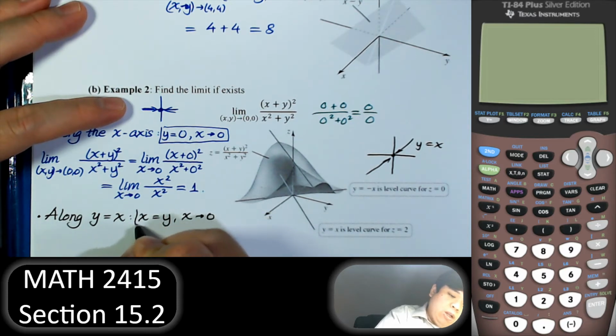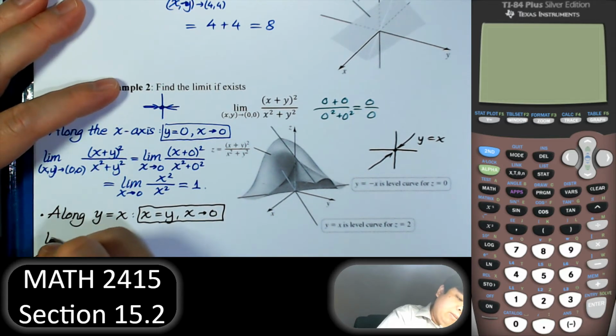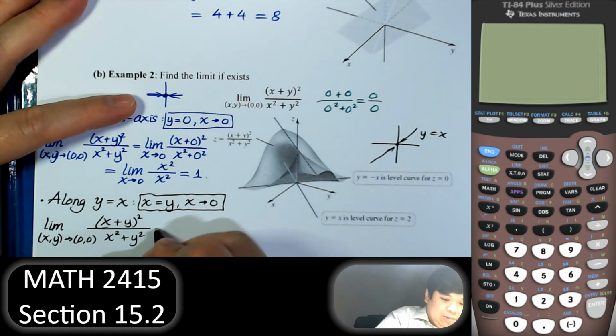If x goes to 0 and x equal to y, then y goes to 0 as well. And we let x equal to y, right? And then we just have x go to 0.